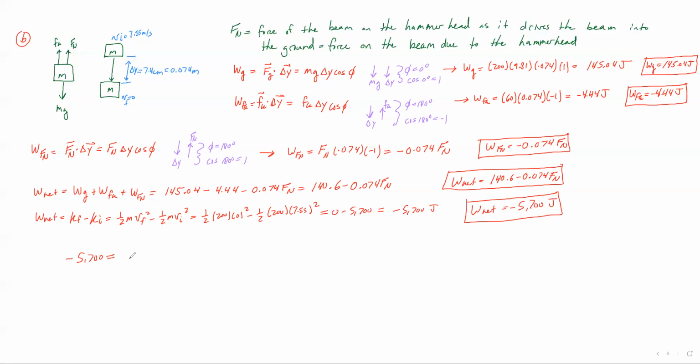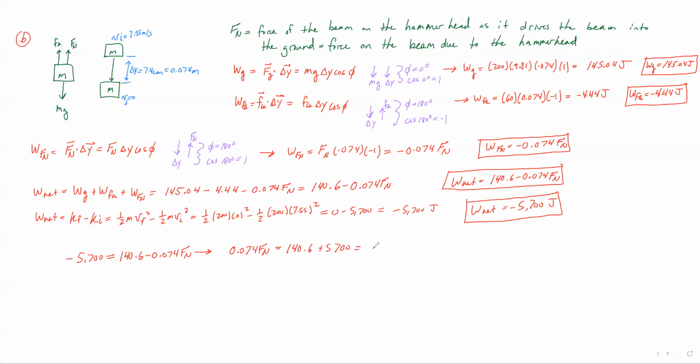That's going to equal 140.6 minus 0.074 Fn. Let's rearrange this. I have 0.074 Fn. That's going to be 140.6 plus 5,700.